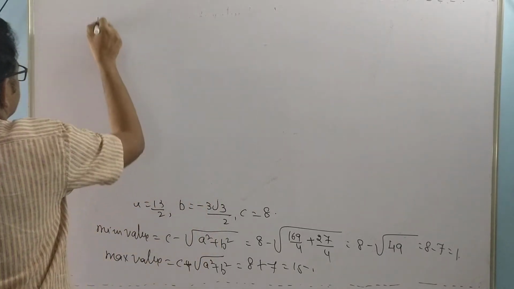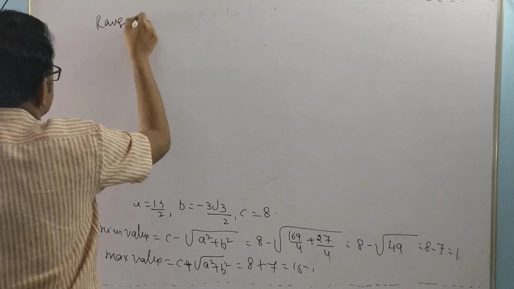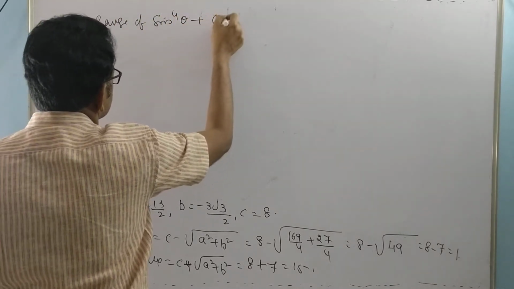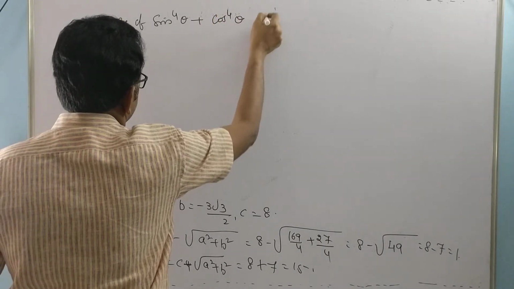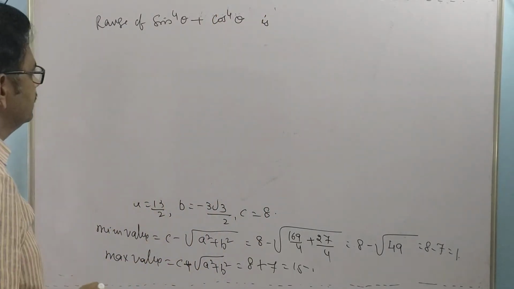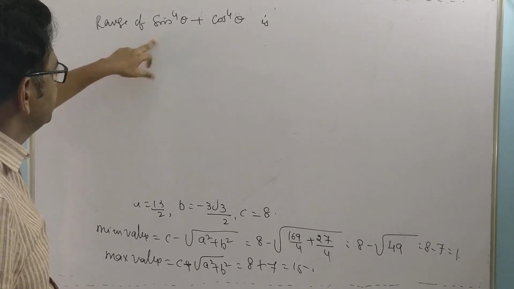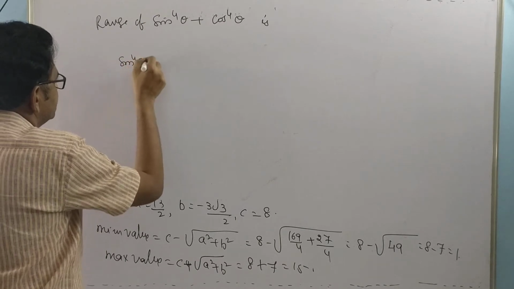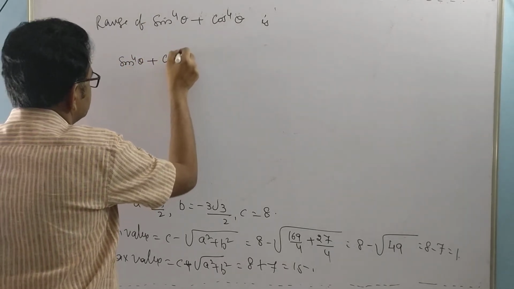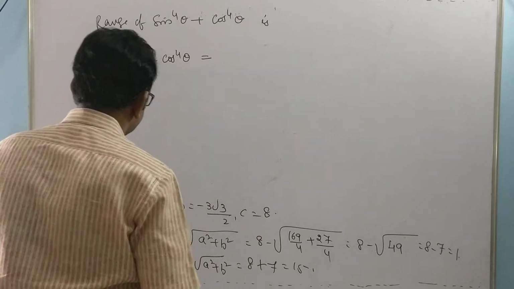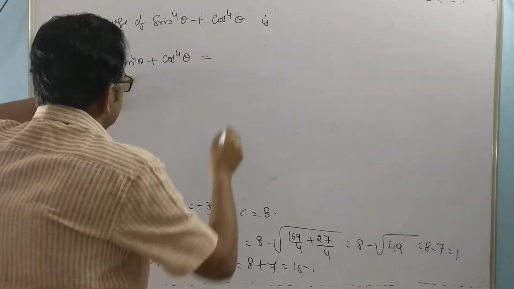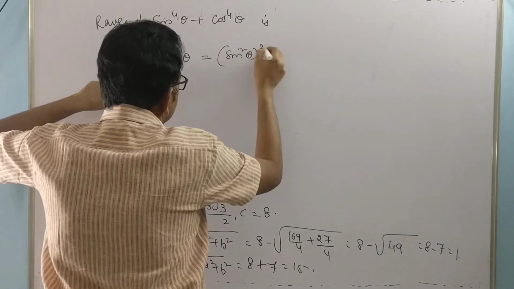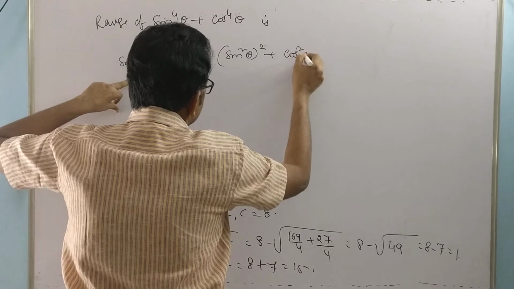Next one, the range of sine power 4 theta plus cos power 4 theta. Range means you have to find minimum and maximum values. Now sine power 4 theta plus cos power 4 theta is equal to sine square theta whole square plus cos square theta whole square.